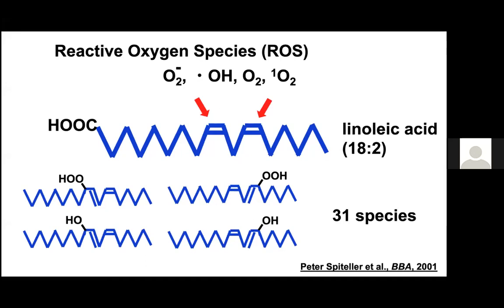Let us consider the peroxidation reaction of linoleic acid, C18:2, which is the simplest polyunsaturated fatty acid. As shown in this slide, the two double bonds of linoleic acid can be attacked by reactive oxygen species at the sites indicated by the arrows, which results in the production of 31 different peroxides, including the four structures shown in the diagram.